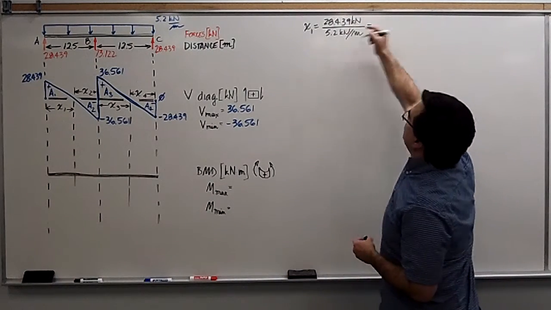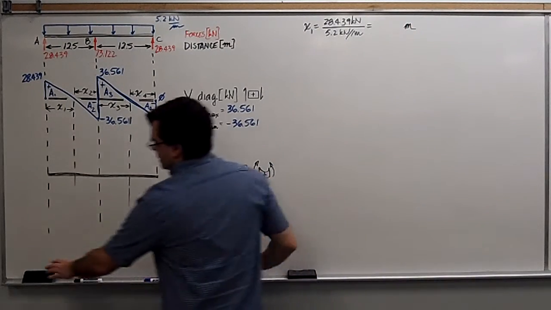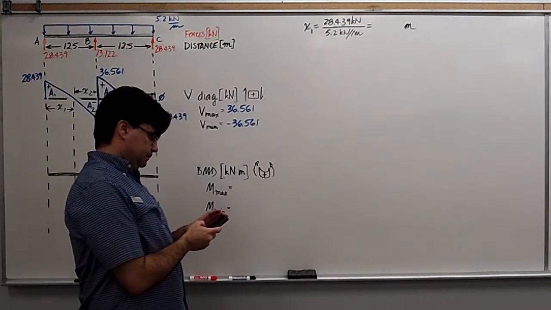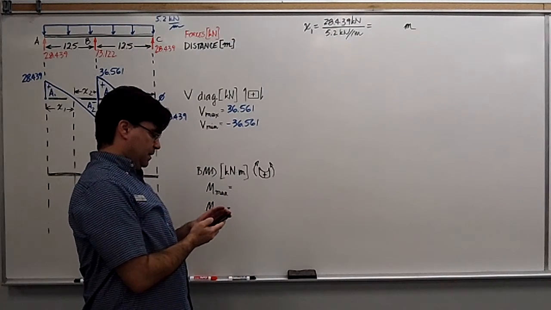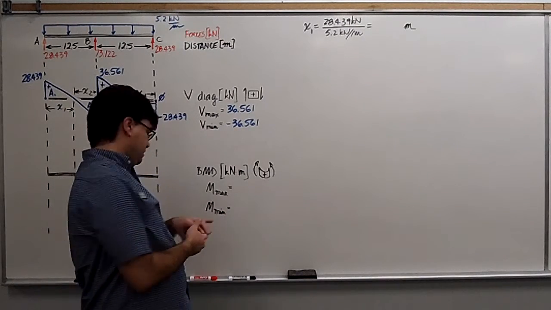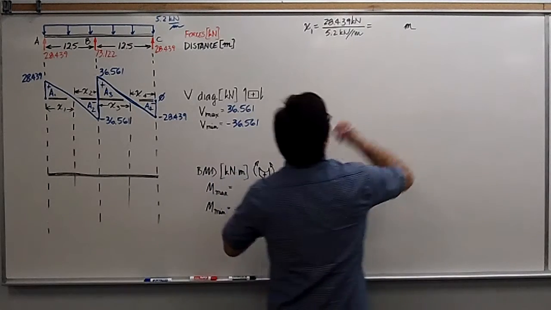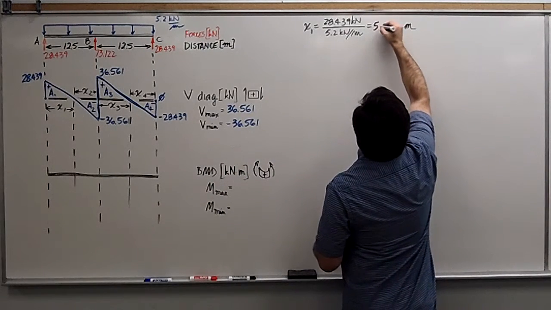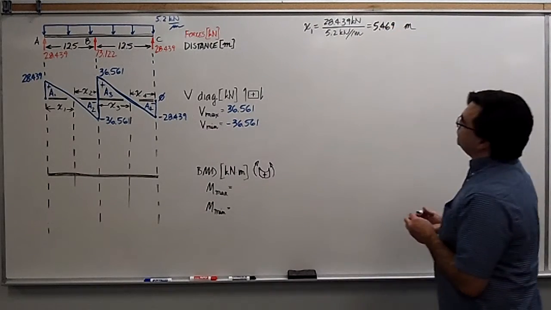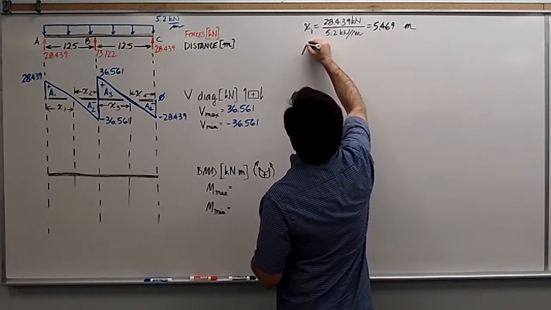And this result then will be in meters. And that gives us 5.469 to 3 decimals. Now that we have that, we can calculate the area.